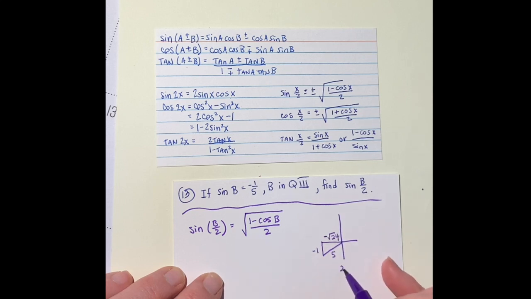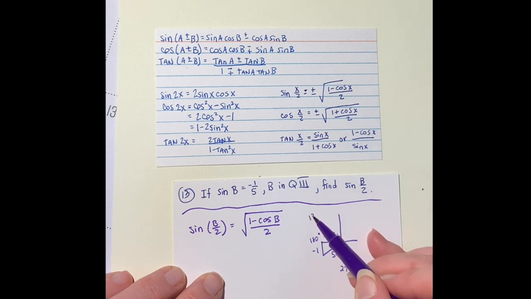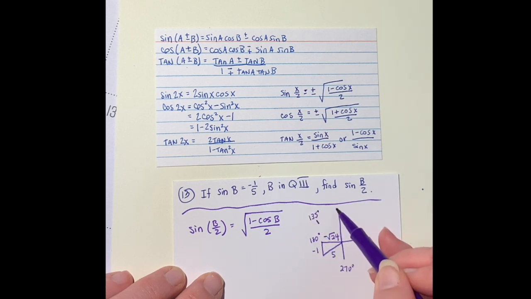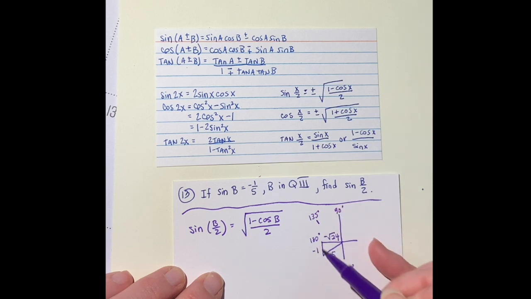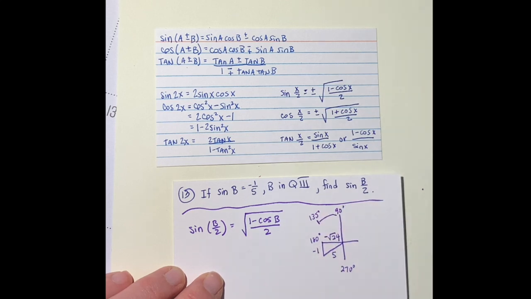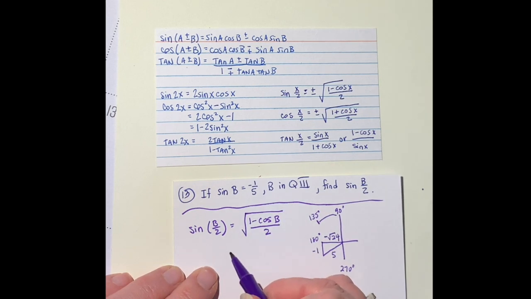And in quadrant 3, the angle falls between 180 degrees and 270, so the half angle would fall between half of 270, which is 135, and half of 180, which is 90. So if you take the half angle of anything in this quadrant, it's going to fall between 135 and 90, in quadrant 2. And cosine in, or I'm sorry, we're looking for sine. Sine in quadrant 2 is positive, so this is going to be positive.